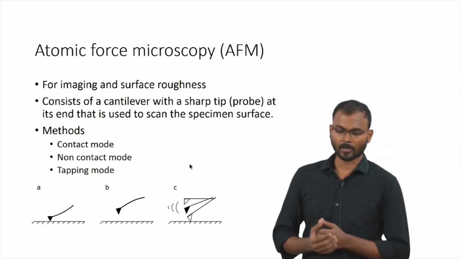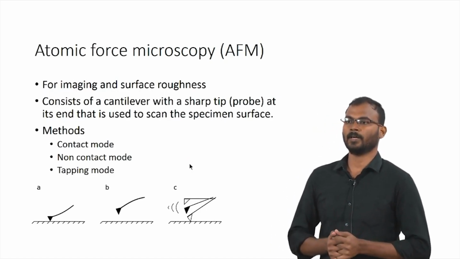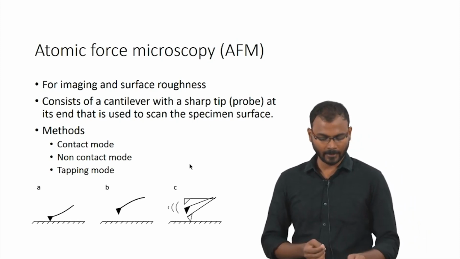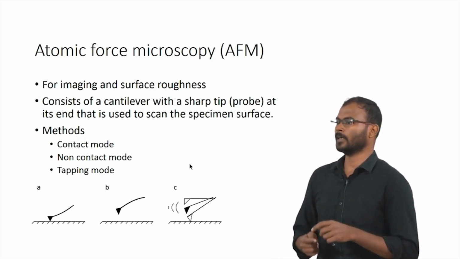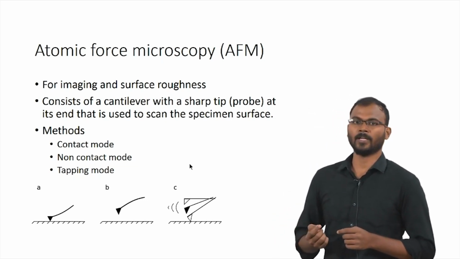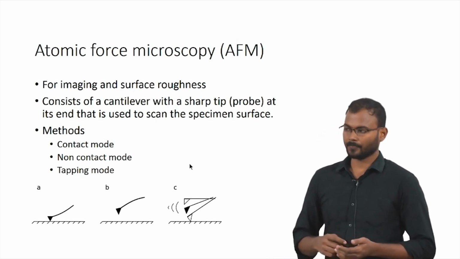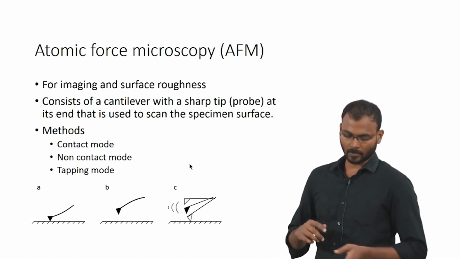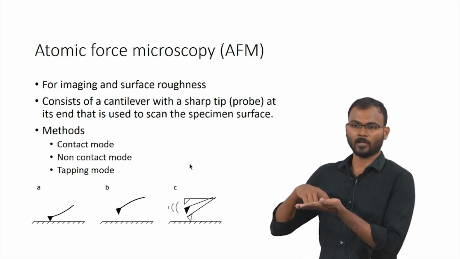So, we will see atomic force microscopy. In AFM, there is a cantilever, a small sharp piezoelectric object which expands and contracts based on the voltage applied to it. In contact mode, the cantilever is placed on top of the material.